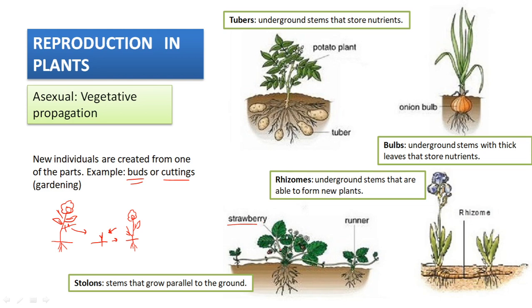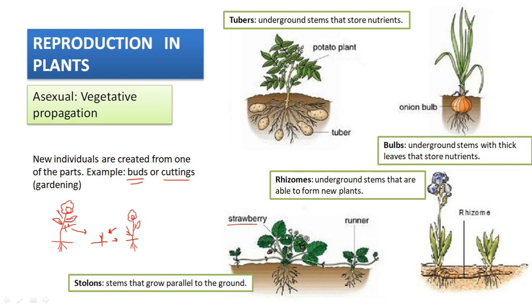The main example is strawberry. Strawberries can grow these stems on the surface of the soil. And when this stem finds a good location because of its humidity or temperature, the amount of light, if the conditions are right, this stem can produce roots and leaves, and you get another plant.